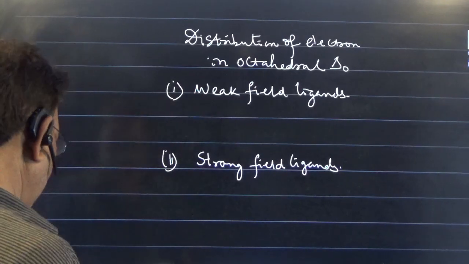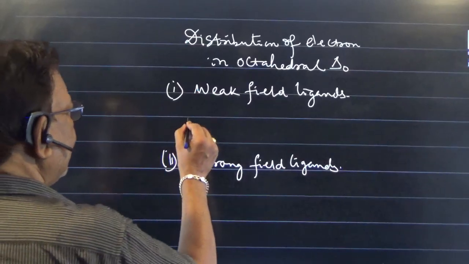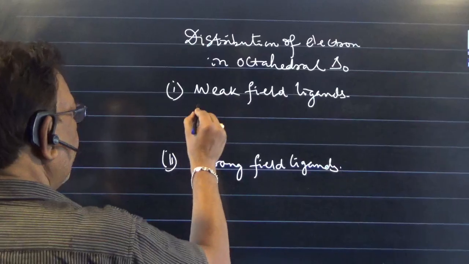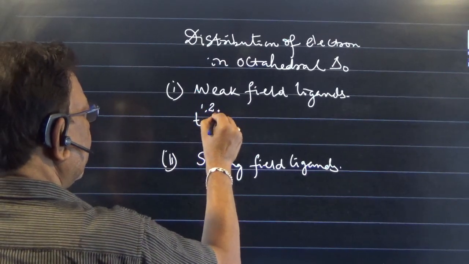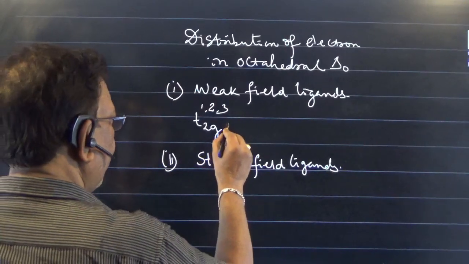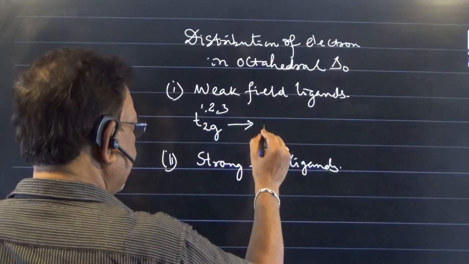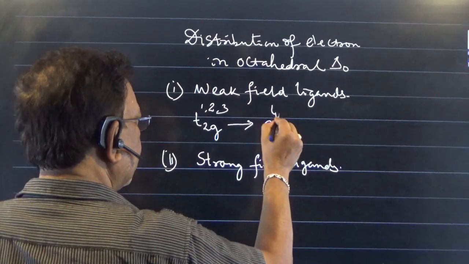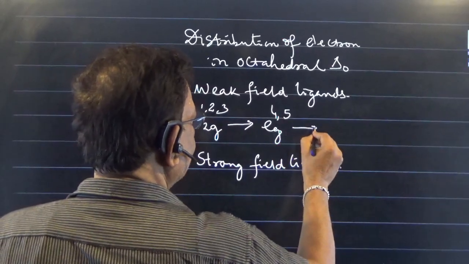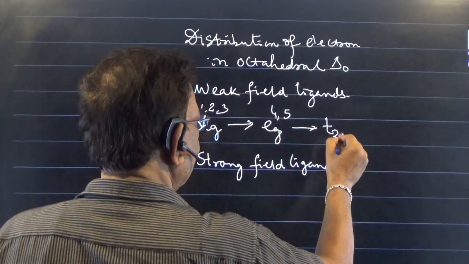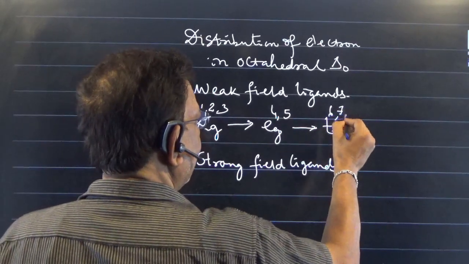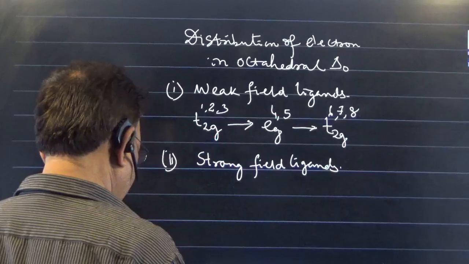So in the weak field, the first electron, second electron, third electron is filled in T2G, followed by Eg, fourth electron, fifth electron. Then again it comes to the T2G, 6th electron, 7th electron and 8th electron.